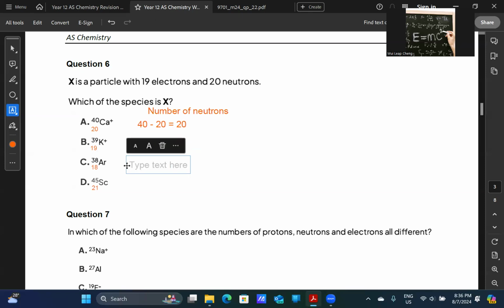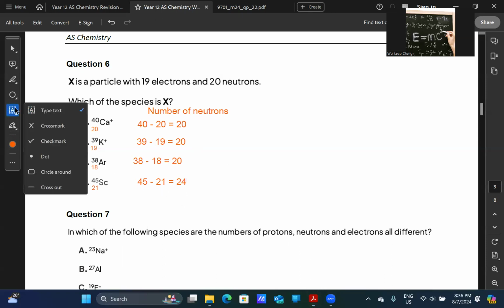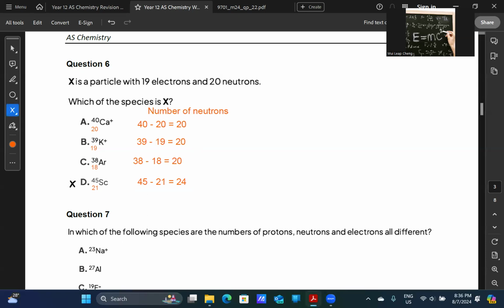Option C, 38 minus 18 equals 20 as well. However, the last option gives you a different number of neutrons, which is 24. So obviously, option D is wrong.